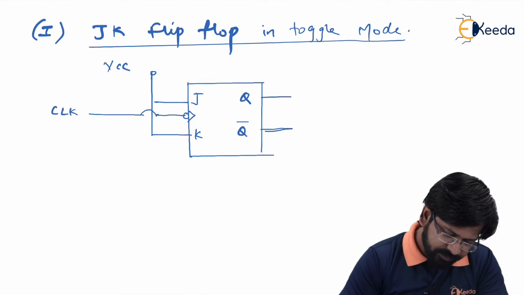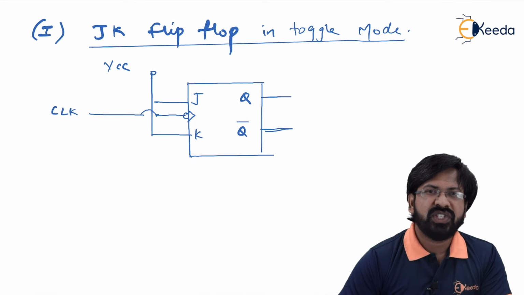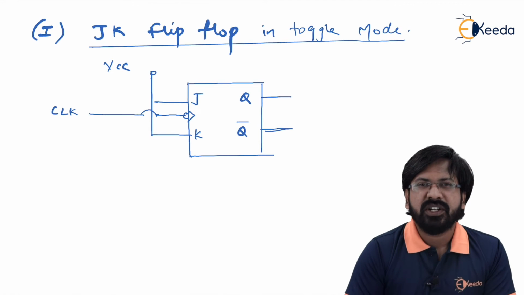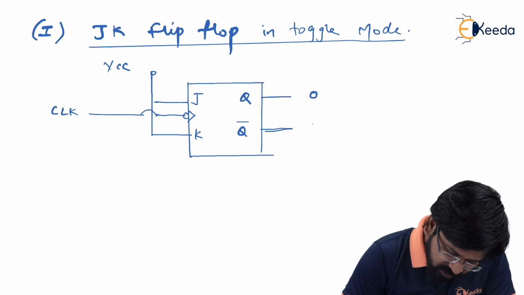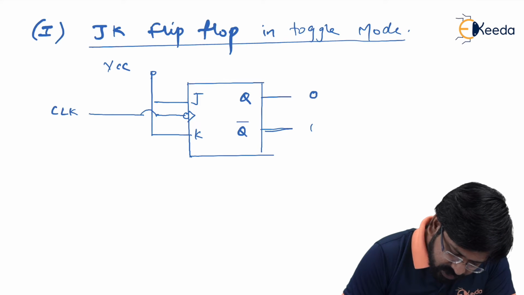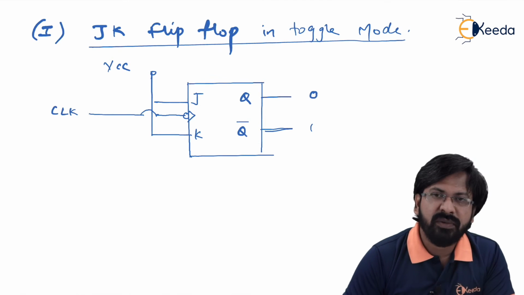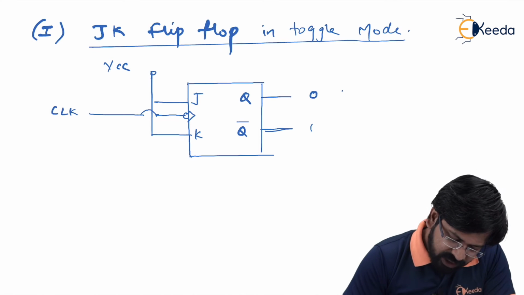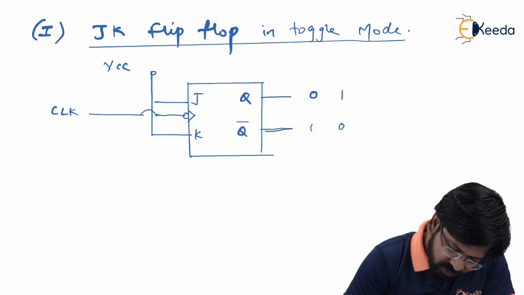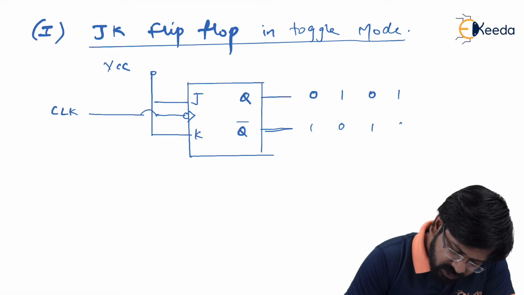So now what is going to happen? As you know very well, when J equal to 1 and K equal to 1, the flip-flop is in toggle mode. Toggle means what? Toggling means, let us assume the previous output was 0 and 1 for Q and Q bar, they are always complement of each other. Then at every negative edge, this 0 complements to 1, this 1 complements to 0. In the next clock, this becomes 0, this becomes 1, again it becomes 1, it becomes 0.